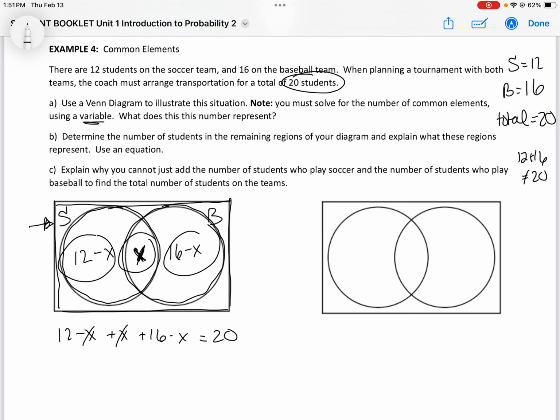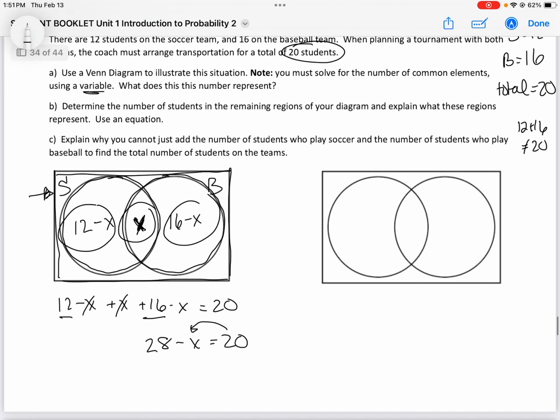Now, minus x plus x can cancel out because one's positive, one's negative. What is 12 plus 16? We said that was 28. Minus x equals 20. Let's bring this 20 over. We'll bring that negative x over, and we get x equals 28 minus 20. We get x equals 8.